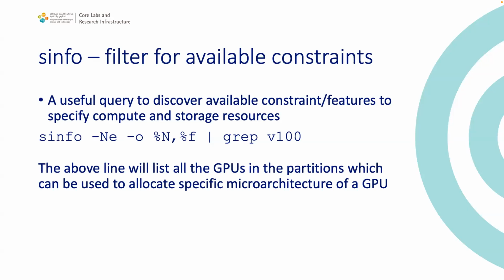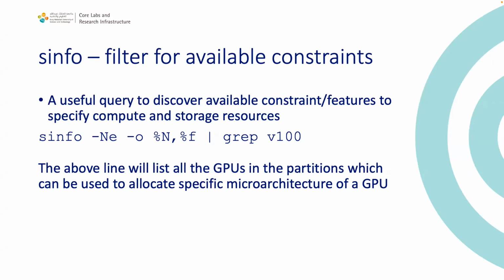It has a lot of resources of a lot of types. So if you want to query how many resources are there which are tagged as V100, which basically means Volta, NVIDIA V100 GPU, and you wanted to know how to tell the scheduler what tag, feature or constraint to add, this is how you know how many GPUs are there with that tag.